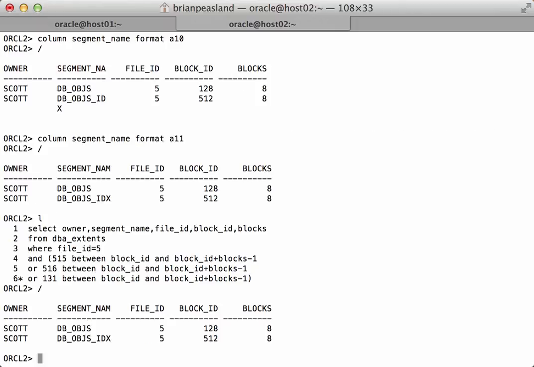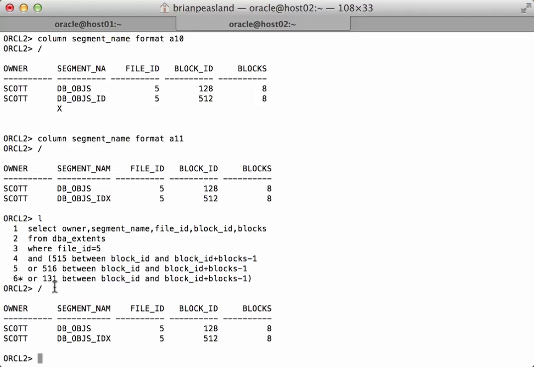We can see from the results of this query that file 5 starting at block 128 for a length of 8 blocks is the DB objects table. This contains block 131. So that final event was for block 131 from the DB objects table.